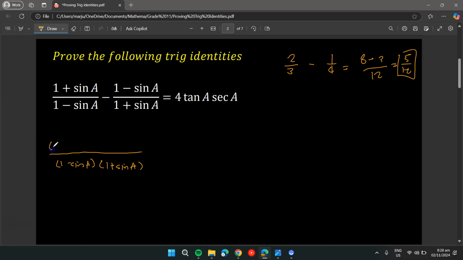So that is just 1 plus sine of a squared, and then minus the denominator divided by 1 plus sine of a, which will be cancelled out, so I am left with 1 minus sine of a, again squared. And I'm going to simplify everything.